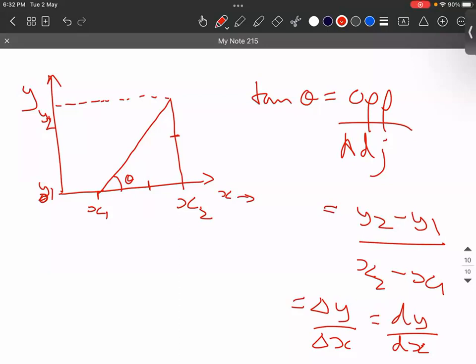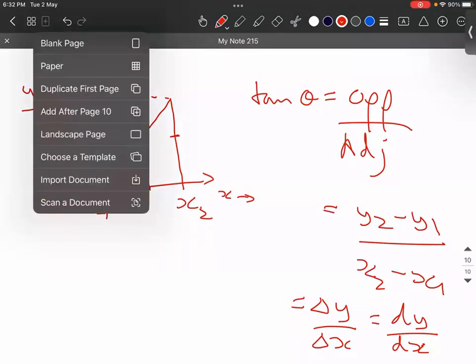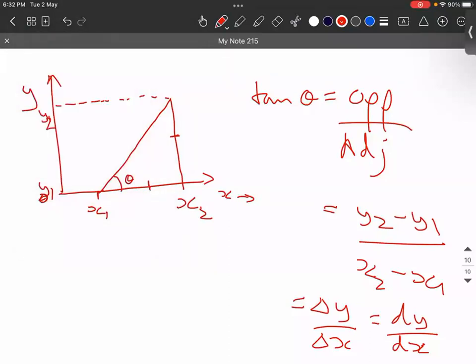Now the idea is quite simple. Note this down. We are representing it as delta y by delta x. Delta just means a change in something, or a small quantity of something. I can even call it dy by dx, which means a change in something. So this is called a slope.